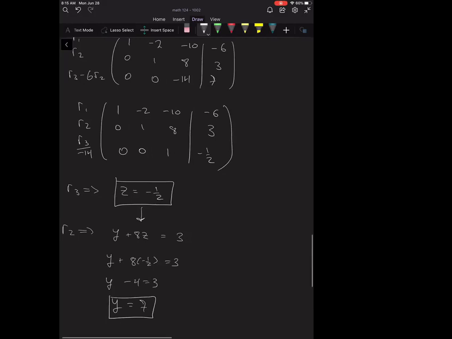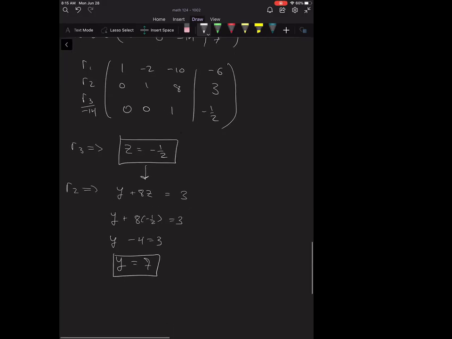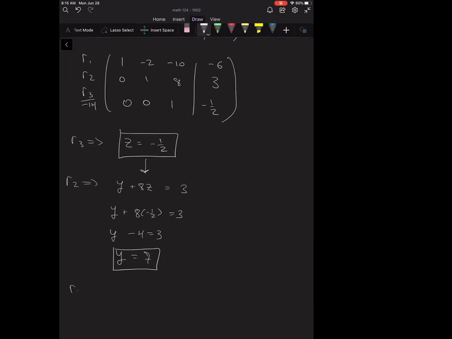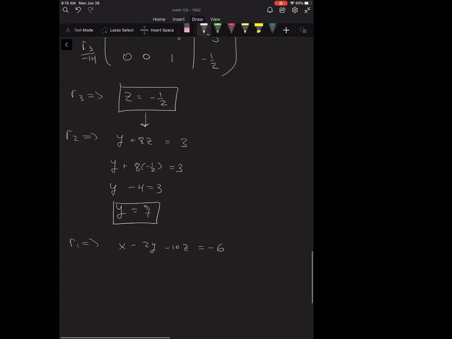Okay, so now what does the first row tell us? If we look right up here, the previous first row is x minus 2y minus 10z is equal to minus 6. Now we have to plug our y and z into here to solve for x.